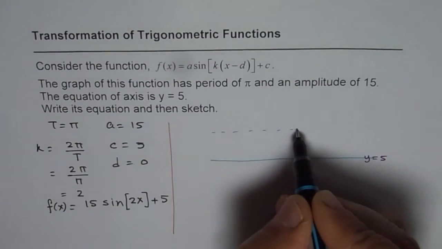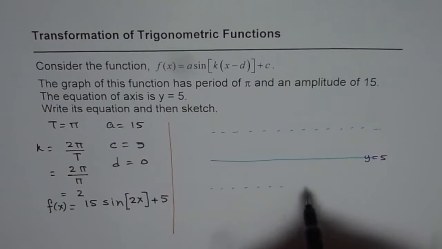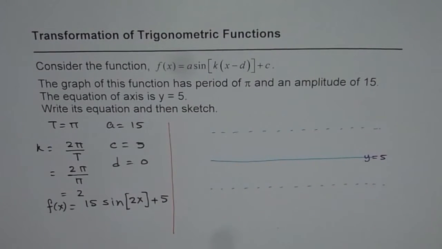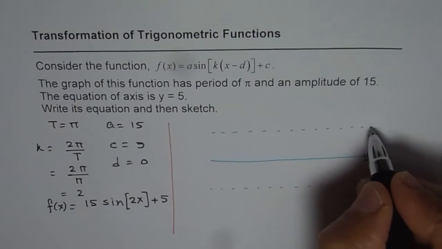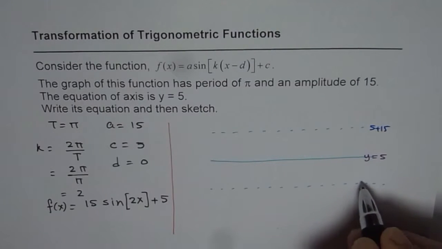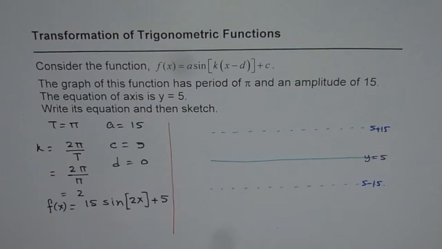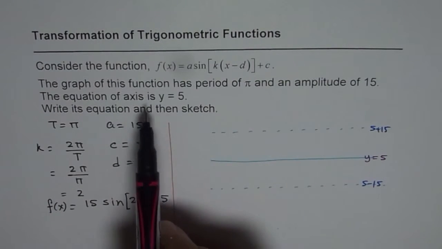So I'm drawing a line here indicating that the maximum will be on that line and the minimum will be on this line, which is 5 minus 15, correct? So we have here 5 plus 15 as a y value, which is 20, and here we have 5 minus 15, which is indeed minus 10. Now it says that there is no horizontal translation.